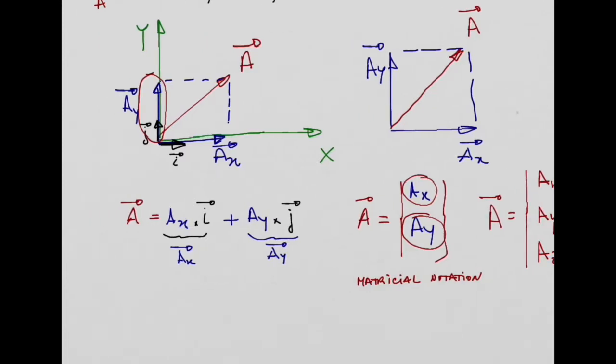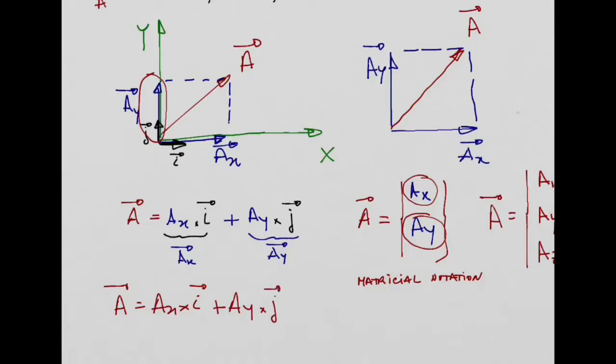Or if you want to represent it this way, A equals ax times i plus ay times j plus az times k, where k is also a unit vector along the z direction, okay?